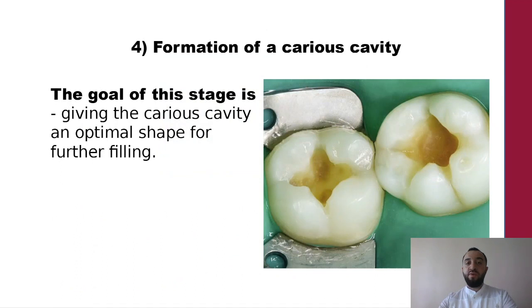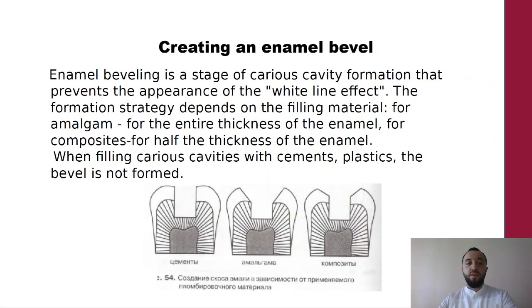4. Formation of the carious cavity. The goal of this stage is giving the carious cavity an optimal shape for further filling. Creating an enamel bevel. Enamel beveling is a stage of carious cavity formation that prevents the appearance of the white line effect. The formation strategy depends on the filling material.